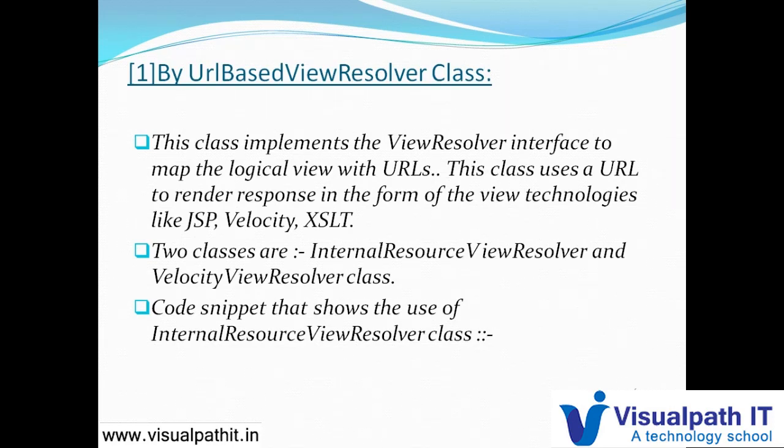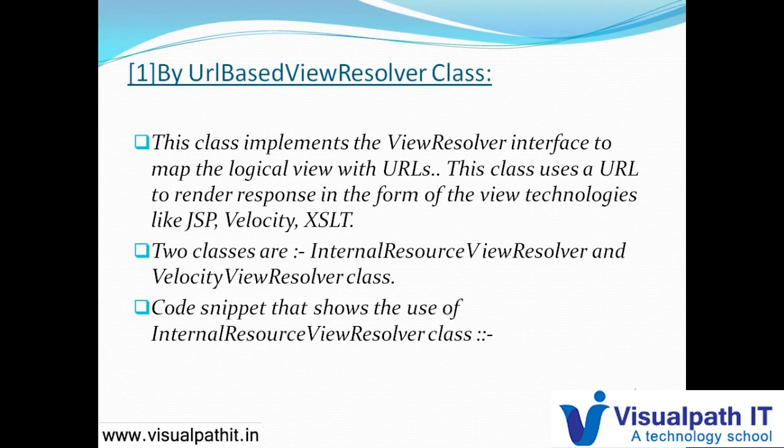So what is this internal resource view resolver? This class is used for setting a specific view class to render a page, web page or a view. So what is the velocity view resolver? This class is used when some specific velocity properties are applied to all the views in a web application.